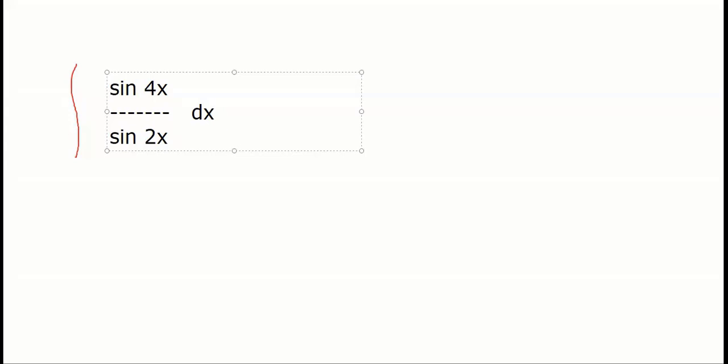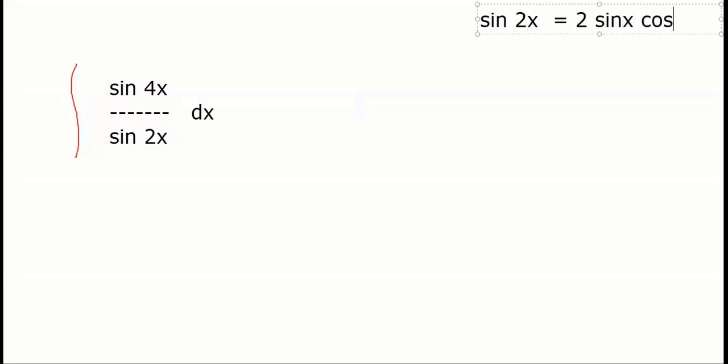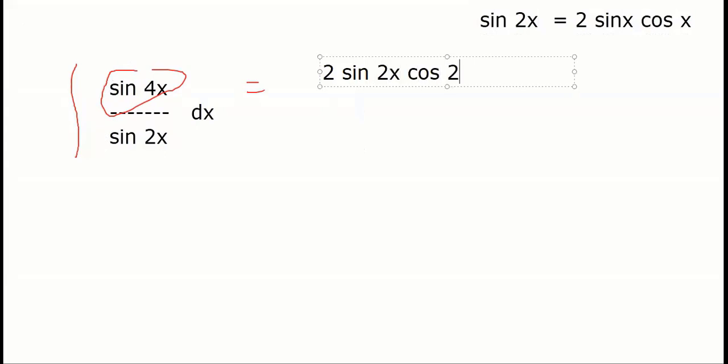Sin 4x by sin 2x. So everybody knows the trigonometric basic formula. Sin of 2x is given by 2 sin x cos x. What you're going to do is convert the numerator part, sin 4x, as 2 sin 2x cos 2x.